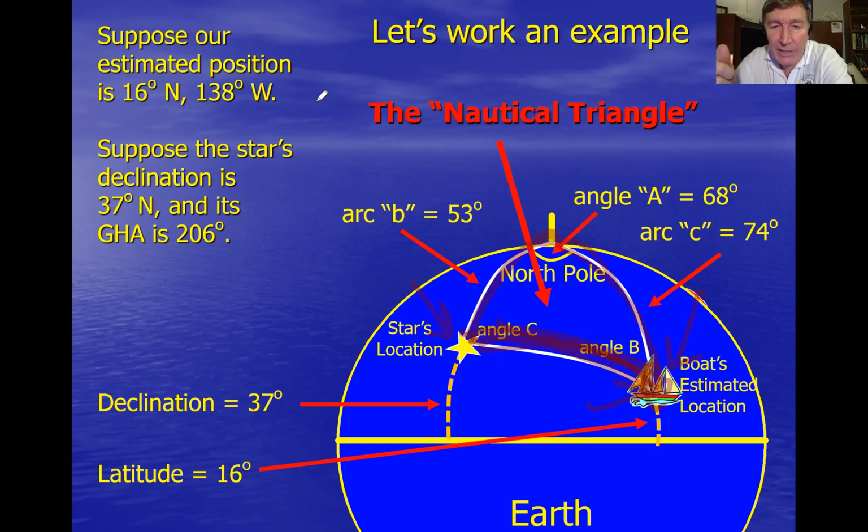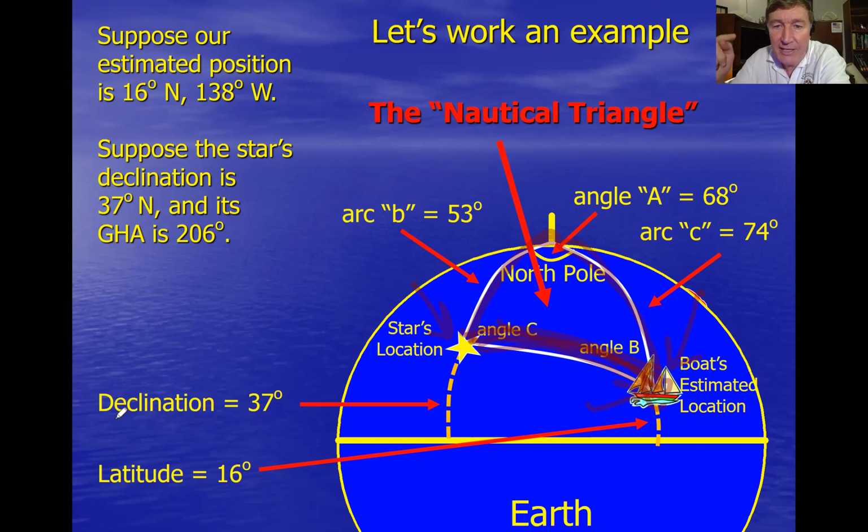So now here comes the important part. What we're going to do now is take our sextant reading, and remember that the sextant reading is the altitude, which is not really what we want. What we really want is the zenith angle. So we take the sextant reading and do 90 minus it, and we get the zenith angle.